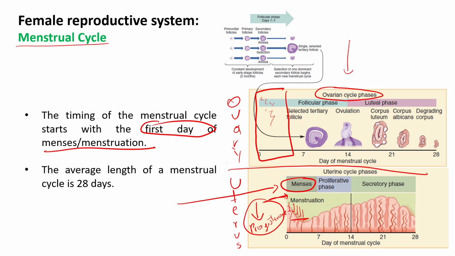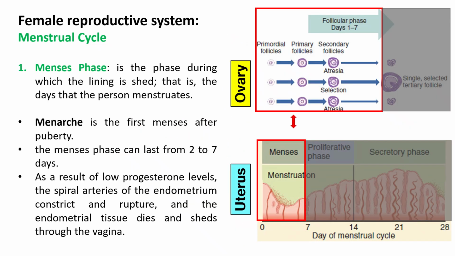So now we're going to look at the ovary, and let's see what happens in the ovary. Let's look first at the menses and see what happens in the ovary at that specific time. Before we start in detail, let's look at some of the medical terminology. Menarche refers to the first menses after puberty.